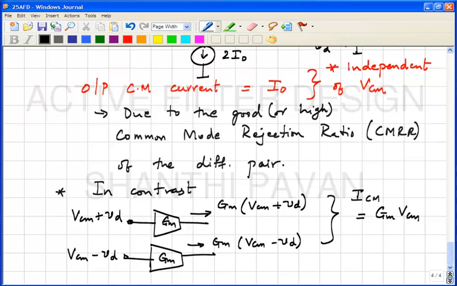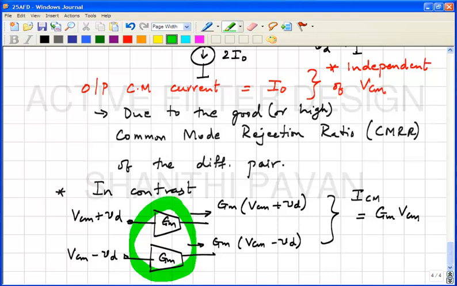However, there is a difference between the way they respond to common mode inputs. Okay, we see that this arrangement does not reject common mode at all, variations in input common mode at all. In fact, the gain for common mode is the same as the gain for differential mode.